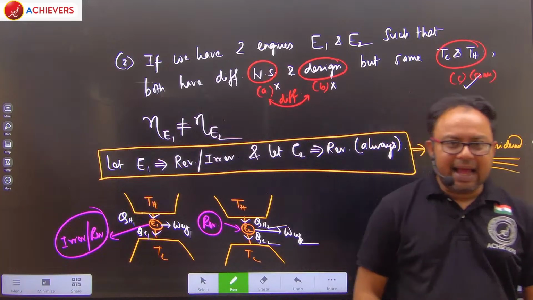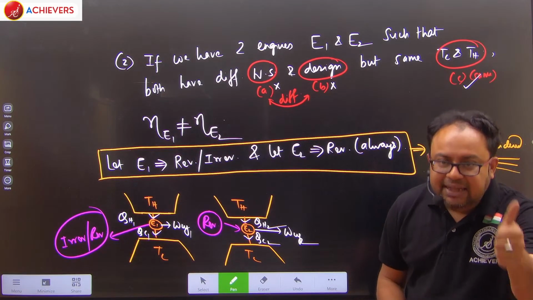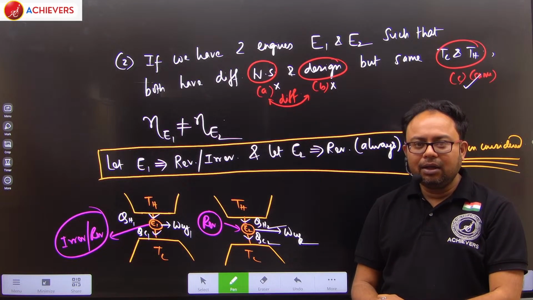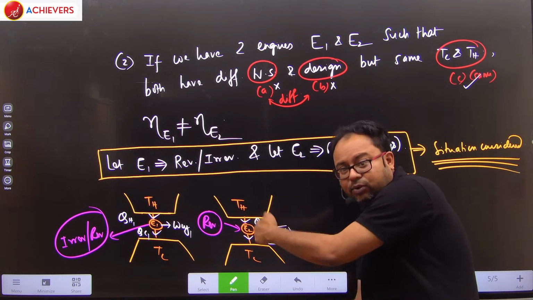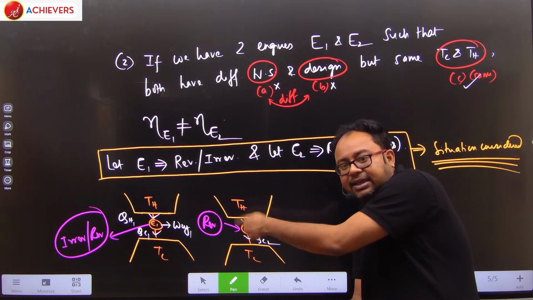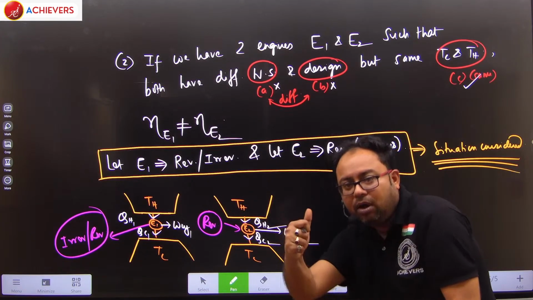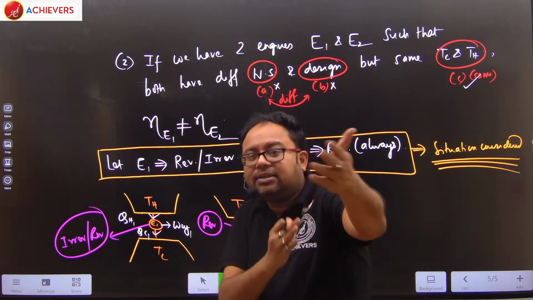You can say that we can always invert E2 to function as R. As E2 is a reversible engine, we can always make E2 work in a reverse direction to function as a refrigerator.